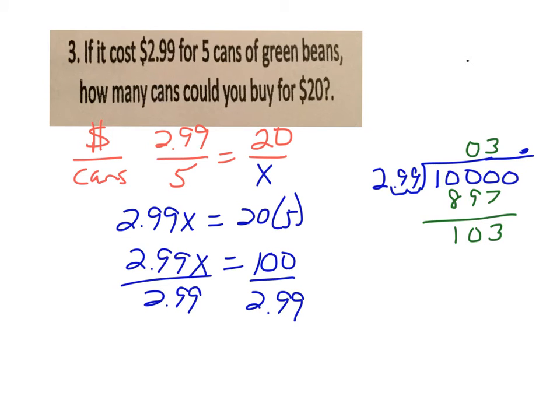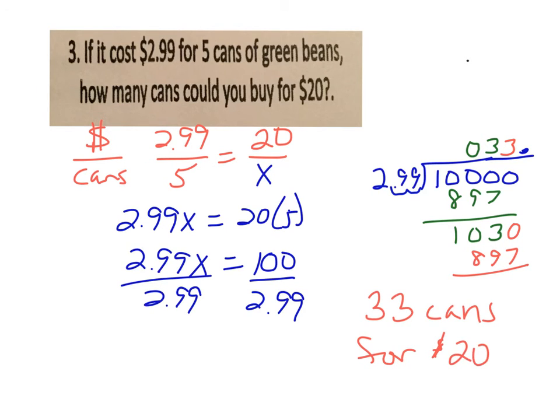Now you bring that 0 down for the next line, and then you have 299 into 1,000, around 1,000 again. So that is another 3. So that gets you 897. What you realize then is I cannot buy a portion of a can. So your final comes to 33 cans for $20.